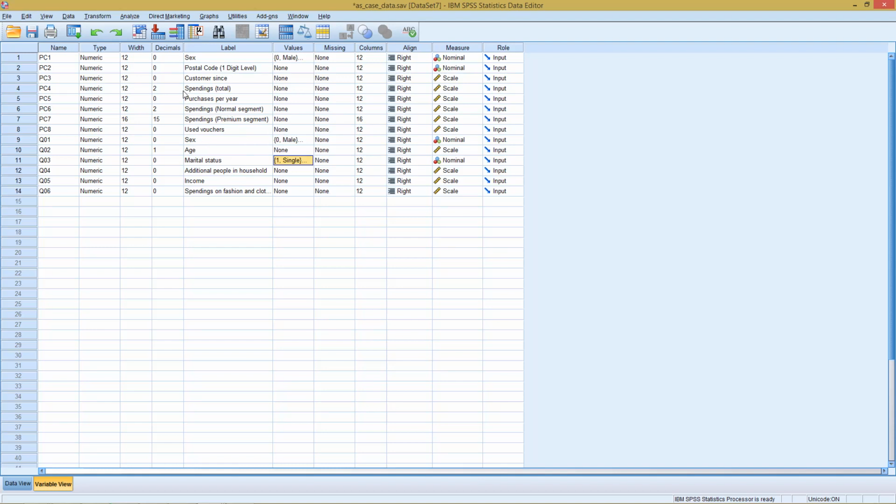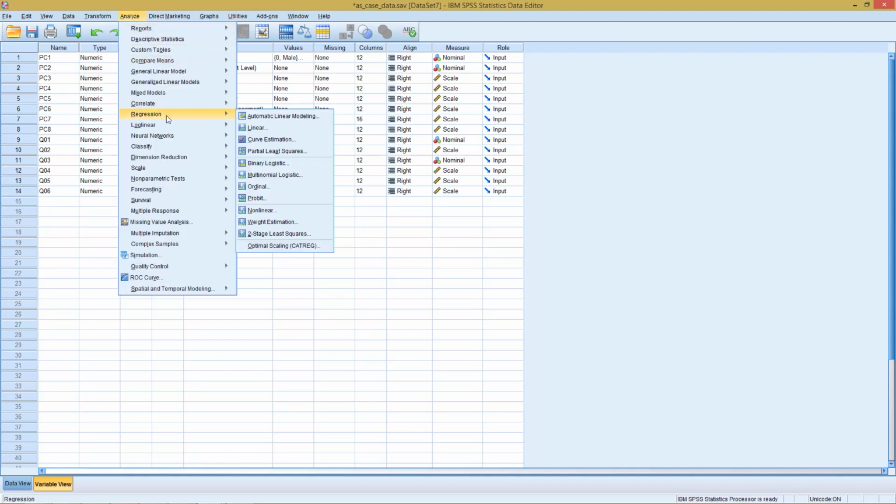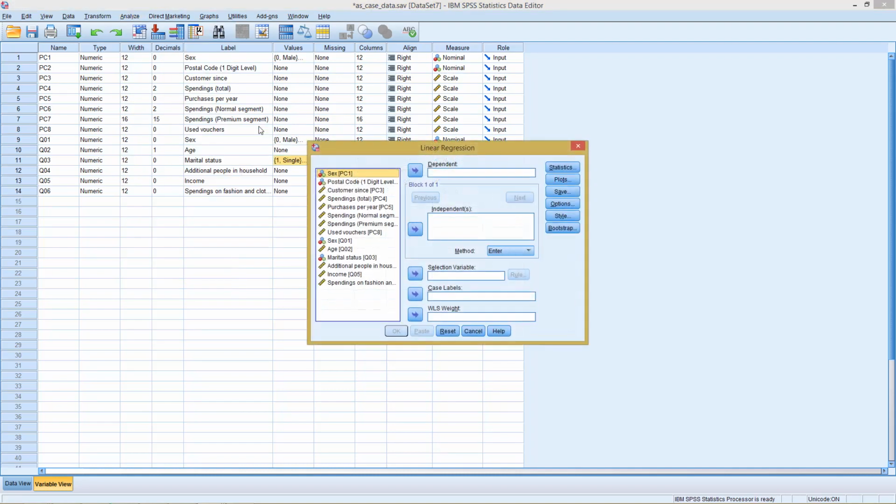With this in mind, we can then turn to how we can actually do something like this in SPSS. So we go to Analyze. Here we have the point Regression, and within this, Linear. So this is for linear regression. If we click here, we see there's space for one dependent variable.